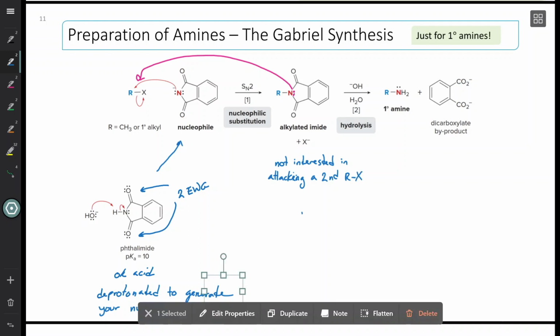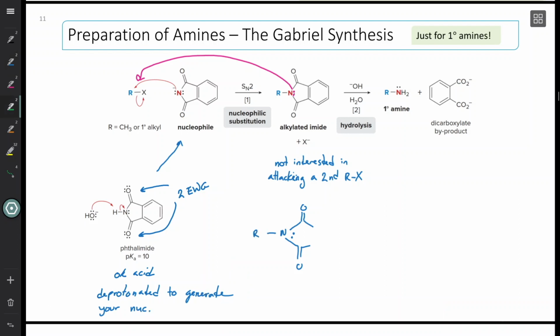Because that lone pair is currently busy with a bunch of resonance, right? That lone pair can do resonance on either of these carbonyls.